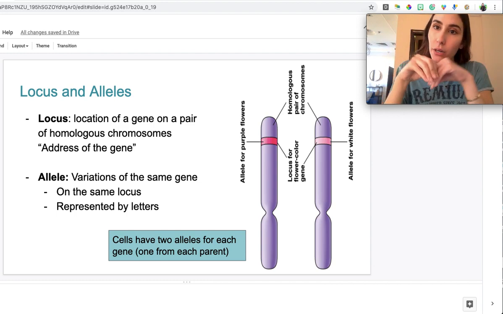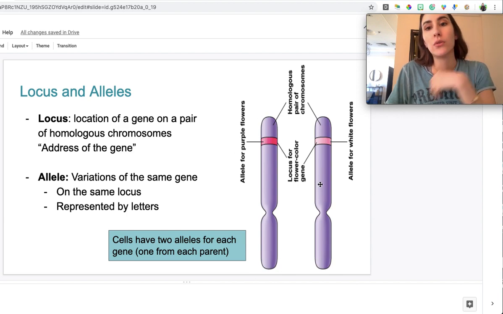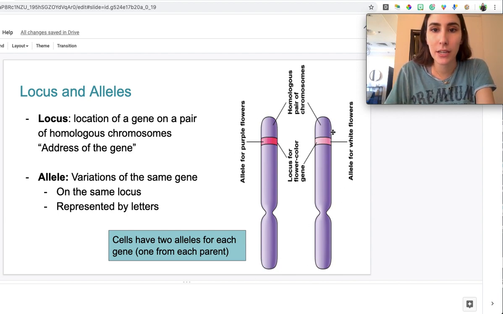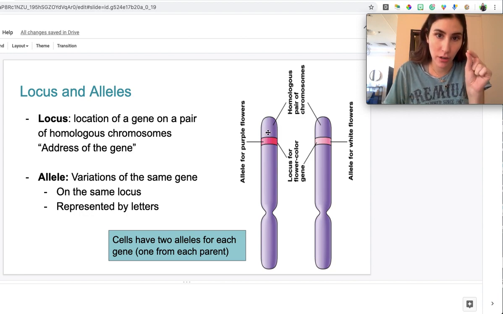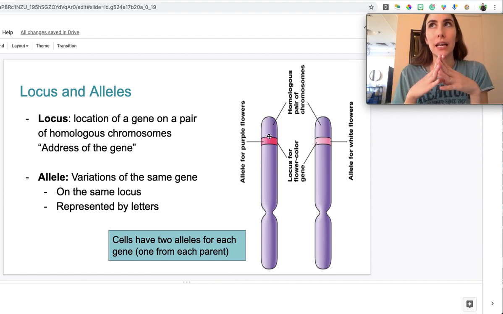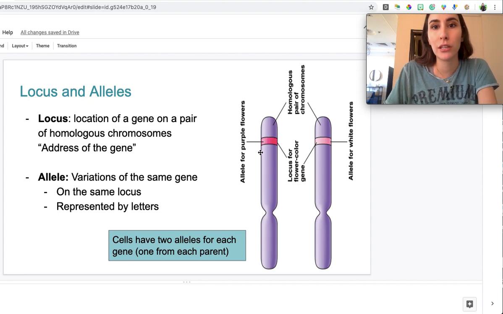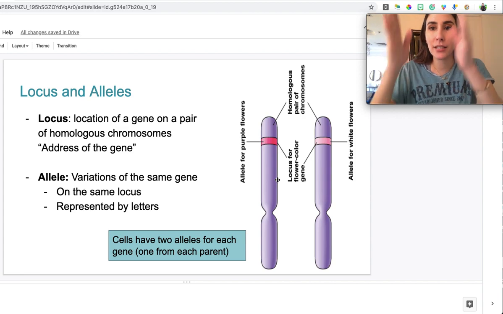If we were to take a chromosome, and if you remember from before, we said that each one of these is known as a chromatid, right? It's essentially a half of a chromosome. And on a specific chromosome, we will have a location on that chromosome that basically is where the gene is located, all right? And if you remember, a chromosome, which usually looks like an X, has two sides.